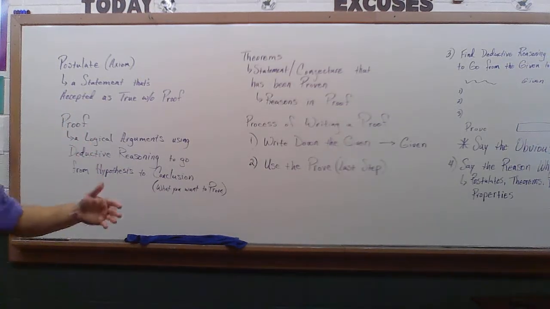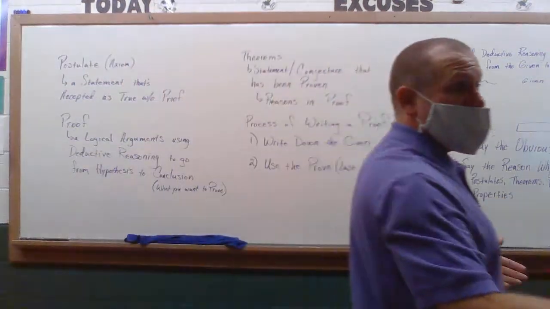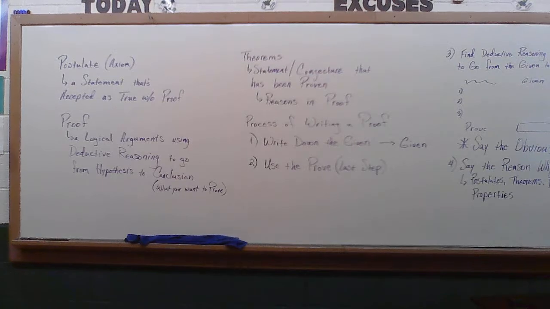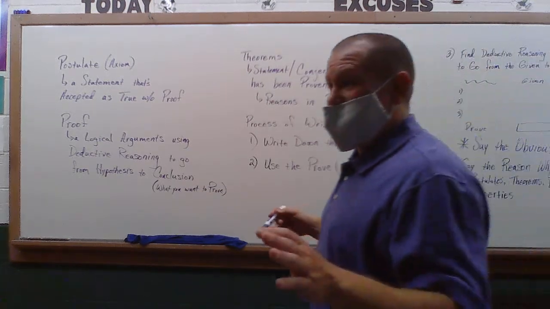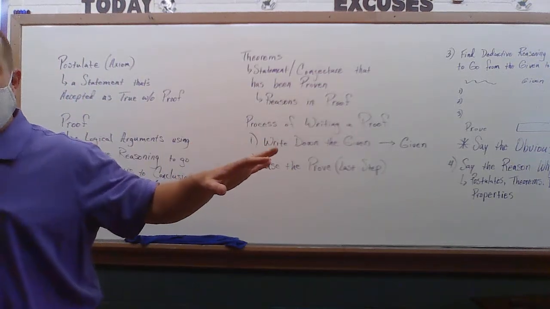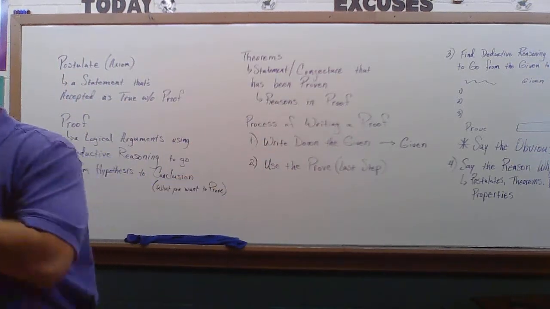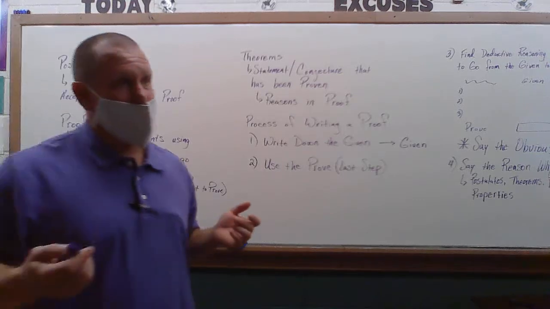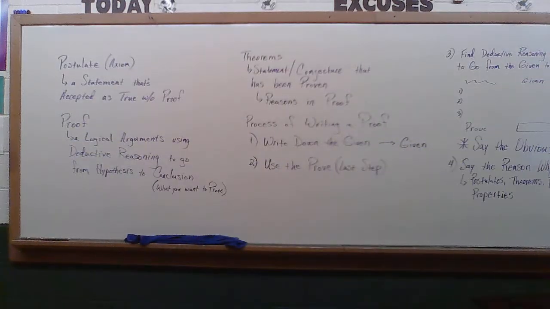When you write a paragraph, you would say a statement, and then you just come up with a reason why that I can say that statement. And then you go from basically the beginning to the end, and you fill in all the blanks. If you like this kind, you can use this kind of proof the rest of the year, if you want. I just don't care for it, okay?